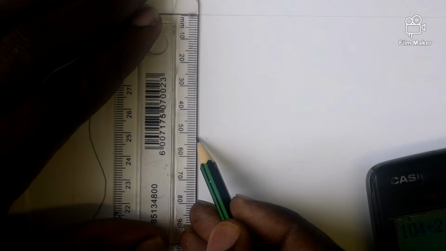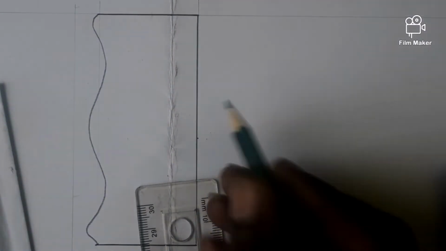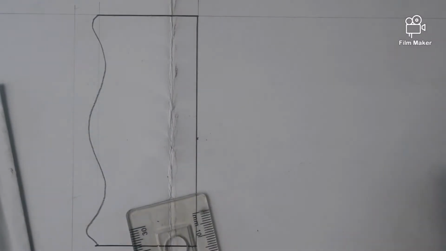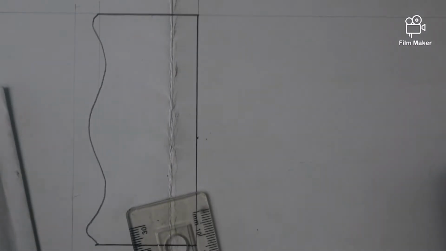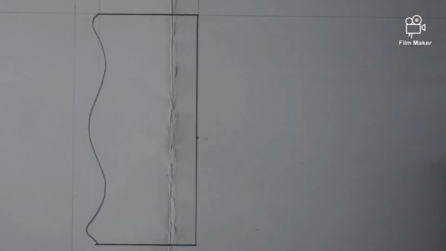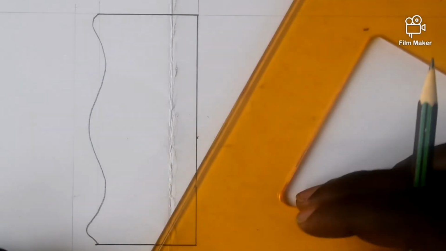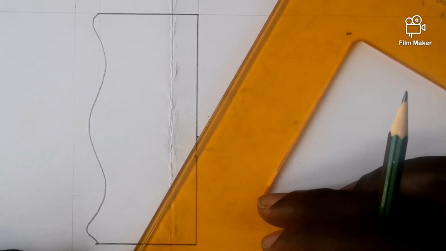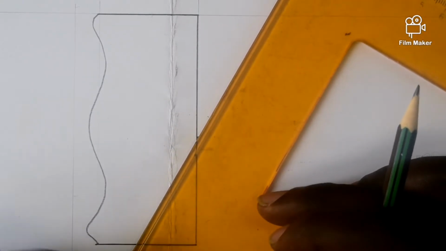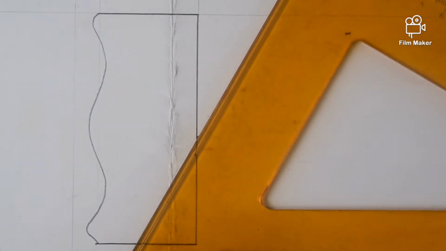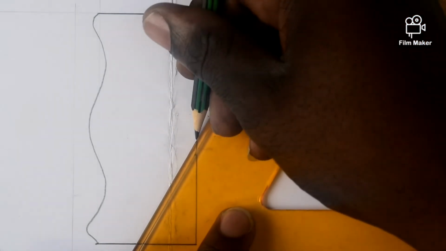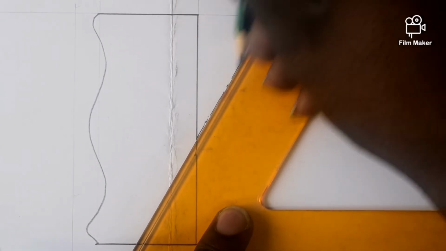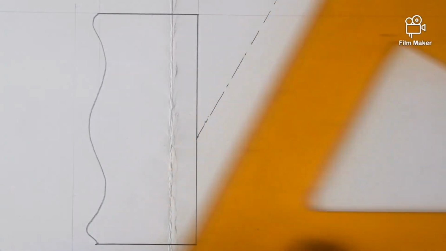So this 52, that's when we're going to put angle 60 degrees anti-clockwise direction, like this. Where our 104 millimeter divided by 2 is ending, I am going to put angle 60. There you go.